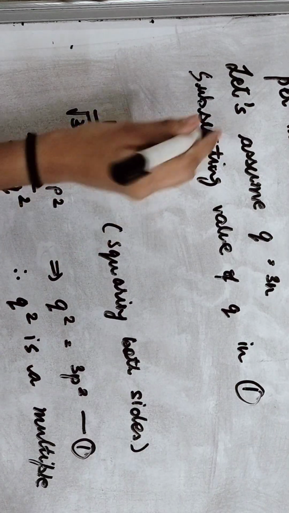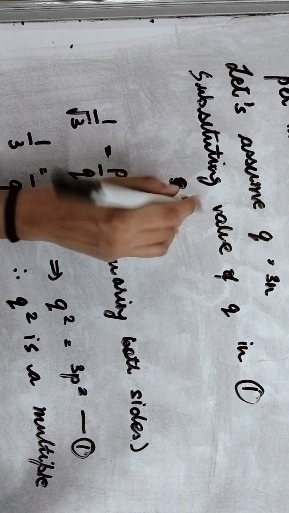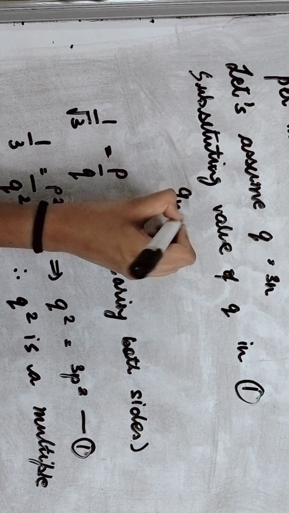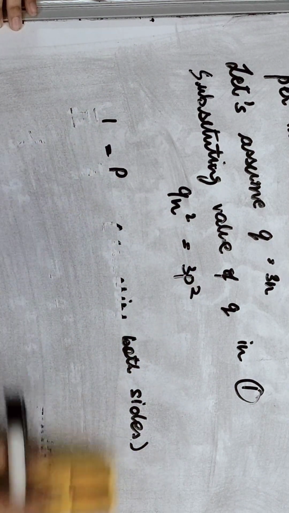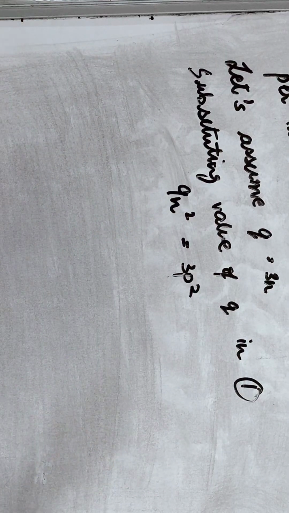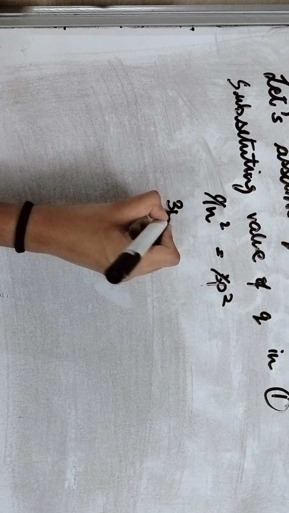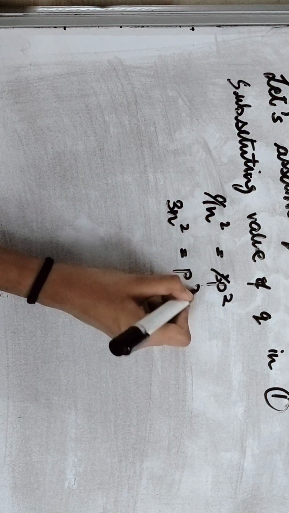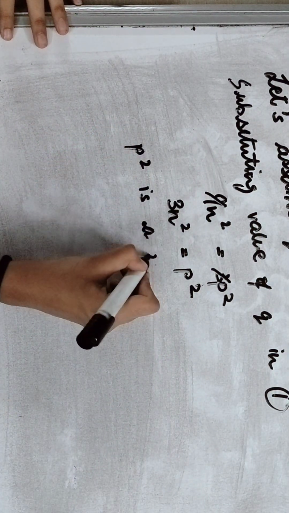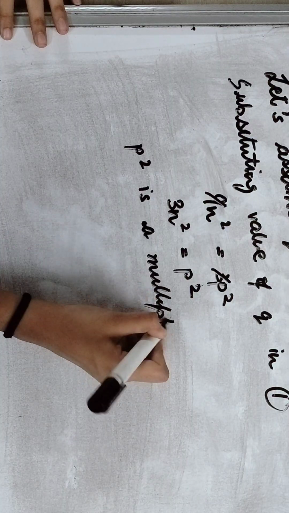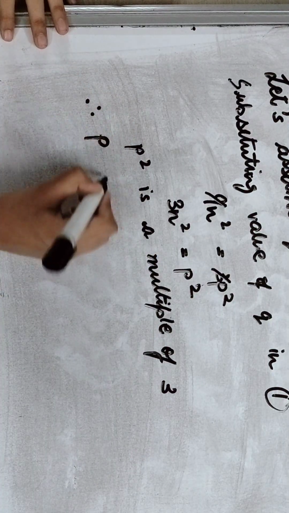That gives us 9n square is equal to 3p square. 3 and 9 cancel. P square equals 3n square. Therefore p square is a multiple of 3. So p is also a multiple of 3.